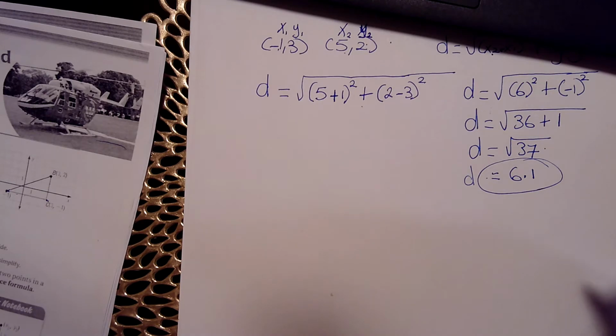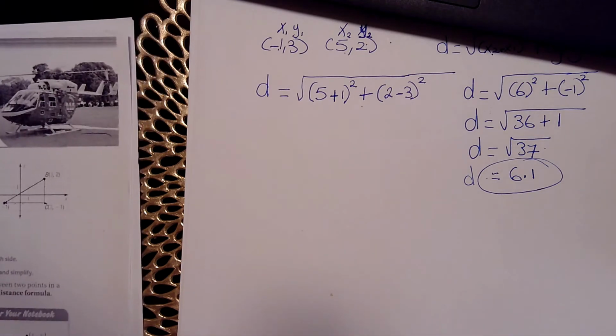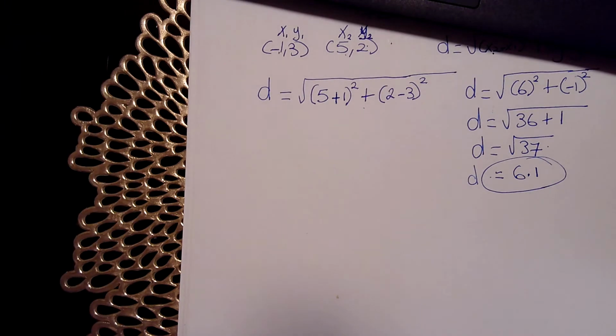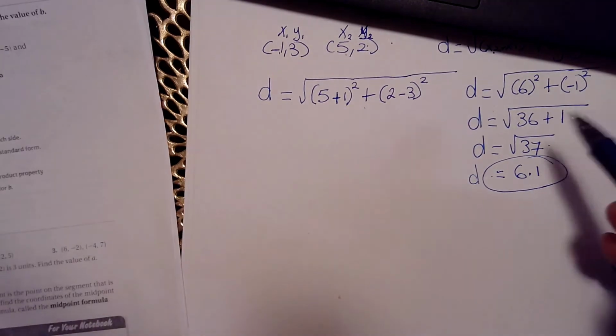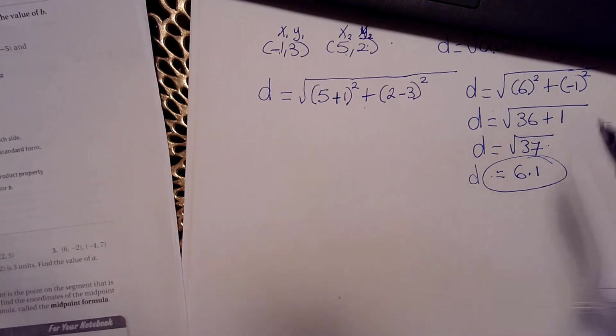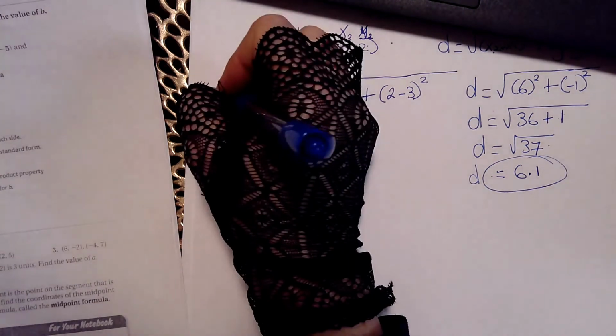So that's how you're going to do that. It's real easy. You just have to be careful with signs and make sure that when you square these numbers, they are positive. If you end up with a negative inside here, you've done something wrong. That's your big tip. So that's example 1.